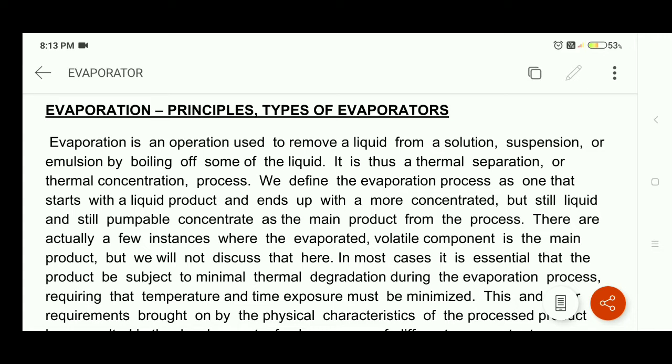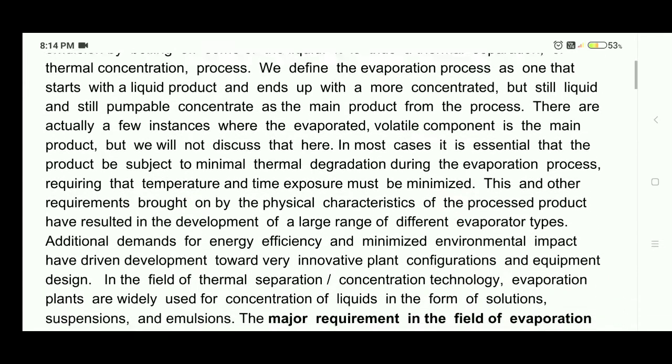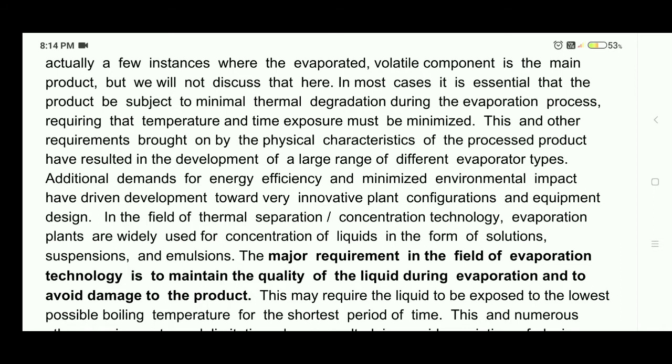In most cases, it is essential that the product be subject to minimal thermal degradation during the evaporation process, requiring that the temperature and exposure time be minimized.